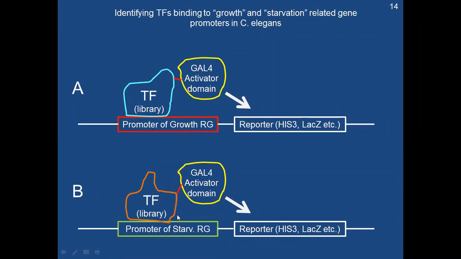And then we starve C. elegans. This time we check the genes that are upregulated upon starvation and clone their promoters individually into yeast and then do this experiment. So what are we going to find? We are going to find transcription factors that bind to the promoters of growth-related genes, and we are going to find transcription factors related to starvation-related genes.